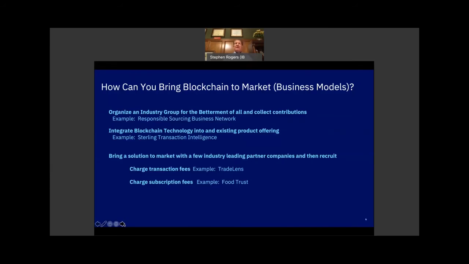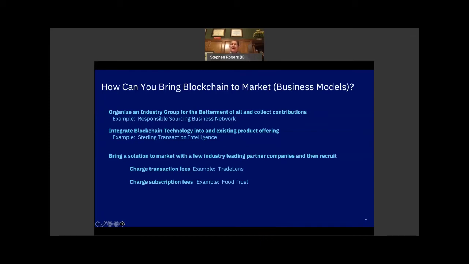There are three fundamental ways to bring blockchain to market, three business models, if you will. You organize an industry group for the betterment of all, and you collect contributions to fund the development work. Secondly, you can integrate blockchain into an existing product offering.